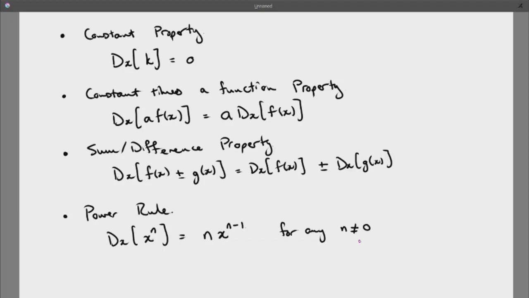So for all actual cases, the power rule is powerful, but it needs the other properties to get me to just x to the power of something. All the other properties are necessary. They're the support properties. But without them, the power rule can't technically do everything on its own.